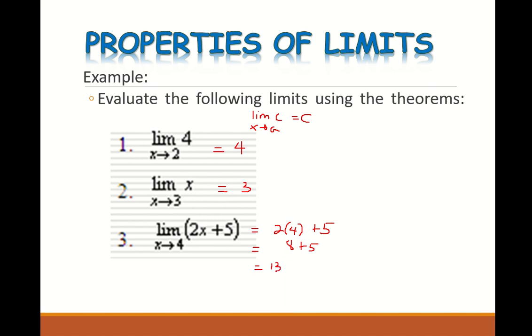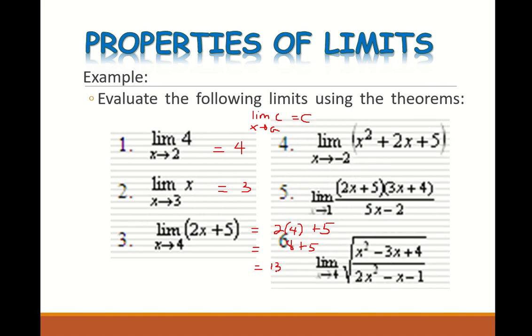Okay, so any question? So here we have another number, so you just continue this one, you just substitute, no? So for example, this one, limit of x squared plus 2x plus 5. So what's the result?